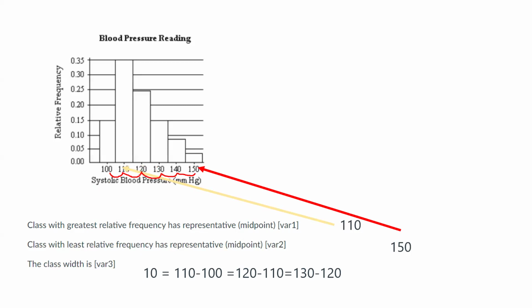So the distance between these consecutive midpoints is basically the class width. There was a common mistake on this question, where the majority of students wrote down different numbers. The difference between consecutive representatives is going to be your class width, which is 10.